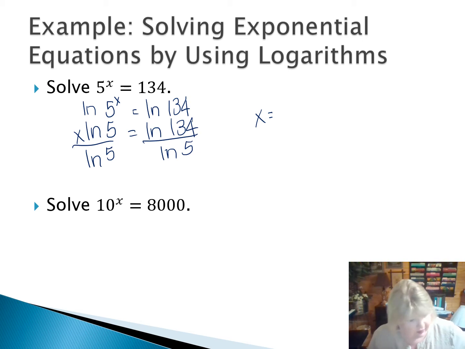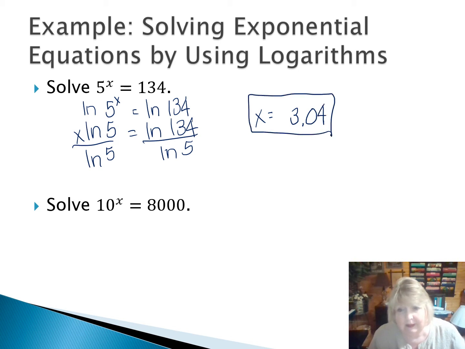And I get 3.04 to the nearest hundredth. So, again, this is why I want to use the base 10, the common log, or the base e natural log, because I have those buttons, that capability on my calculator.